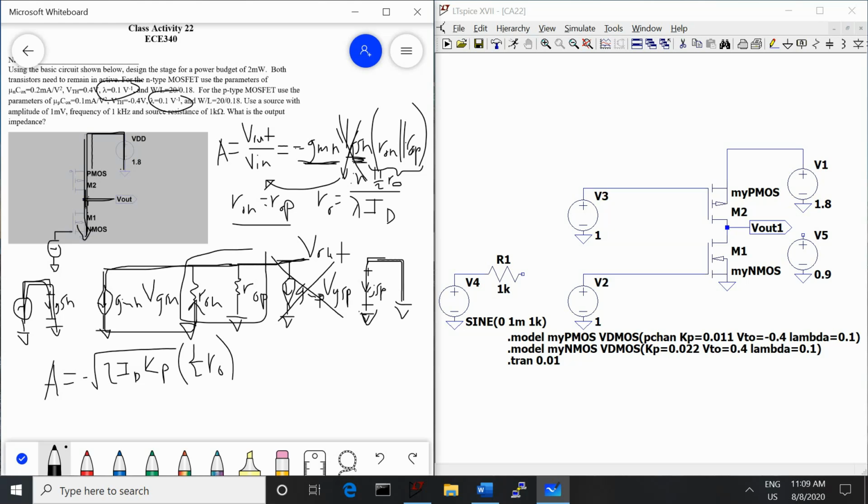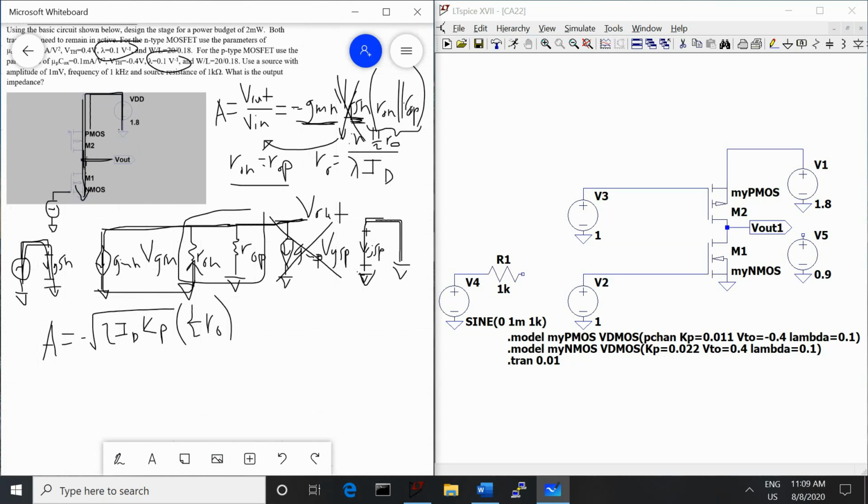So now we know what our gain should be. This problem doesn't ask for a specific gain, so we will just calculate what the gain is based on the parameters that we are given. So what we are told is that we want our power budget to be 2 milliwatts. So that means that we want 2 milliwatts to be pulled from this DC voltage source here.